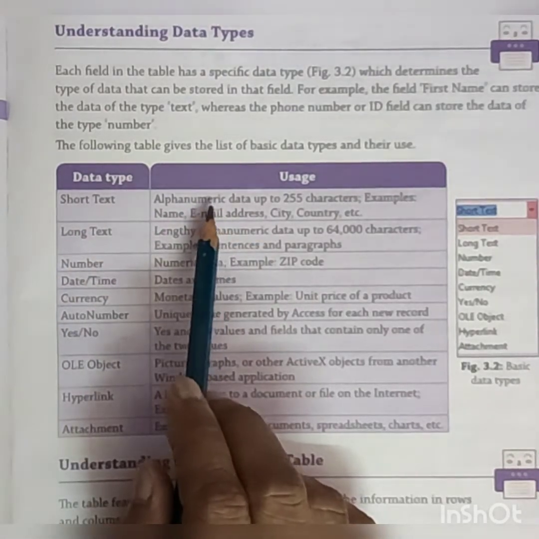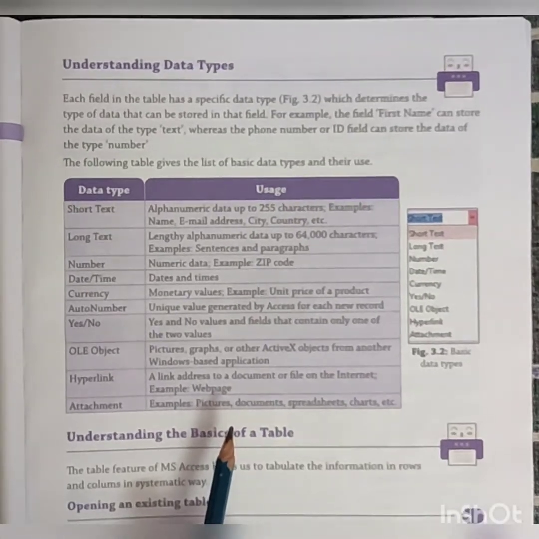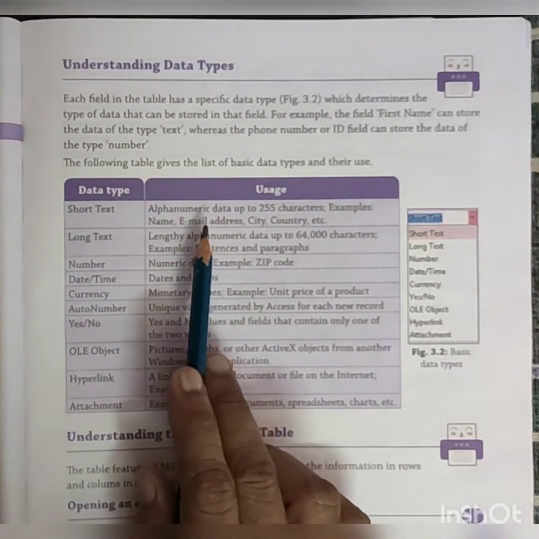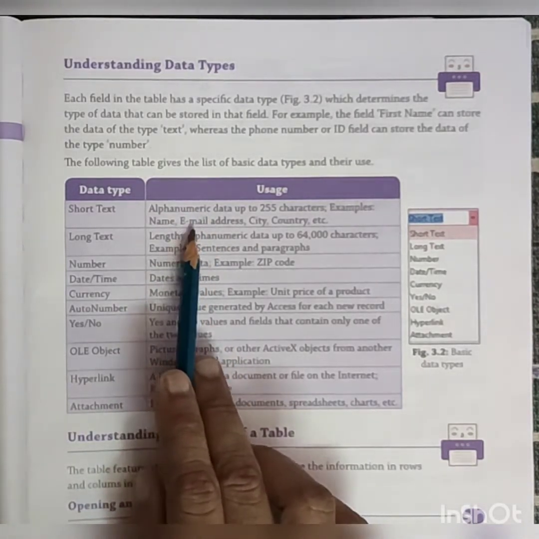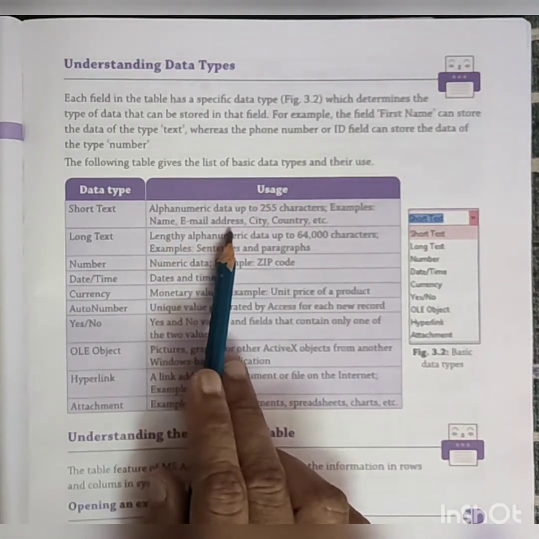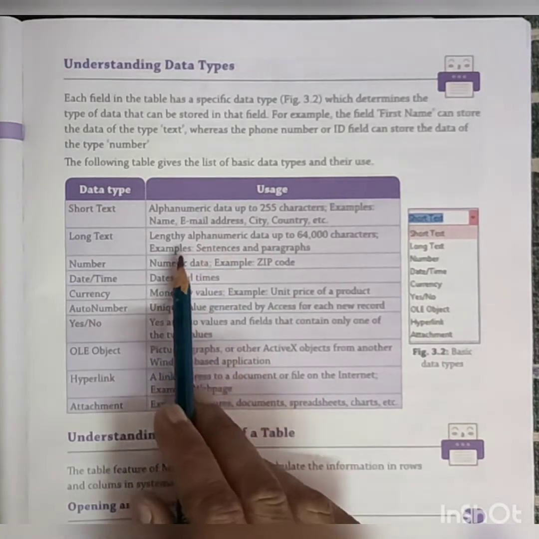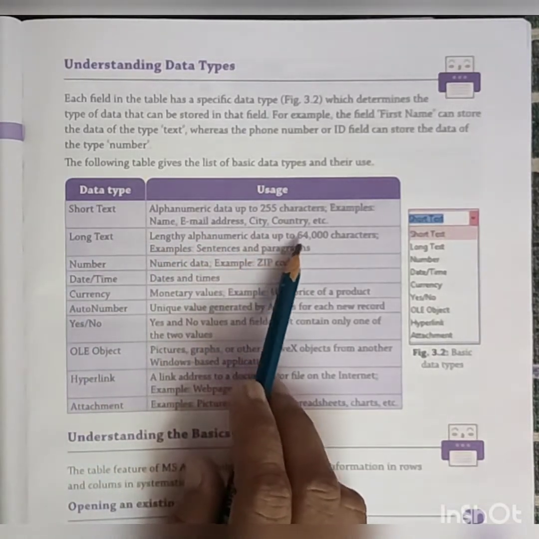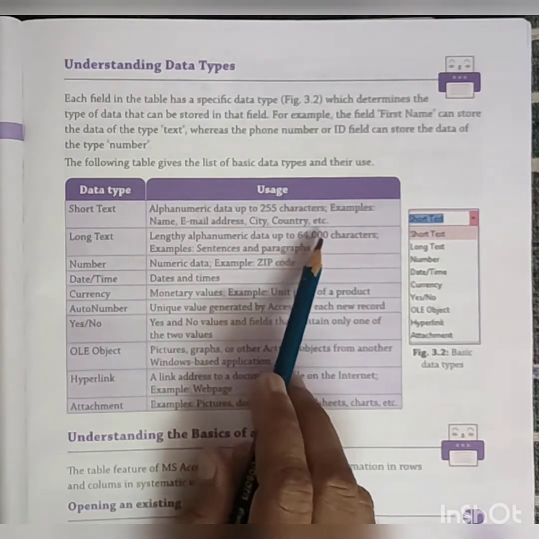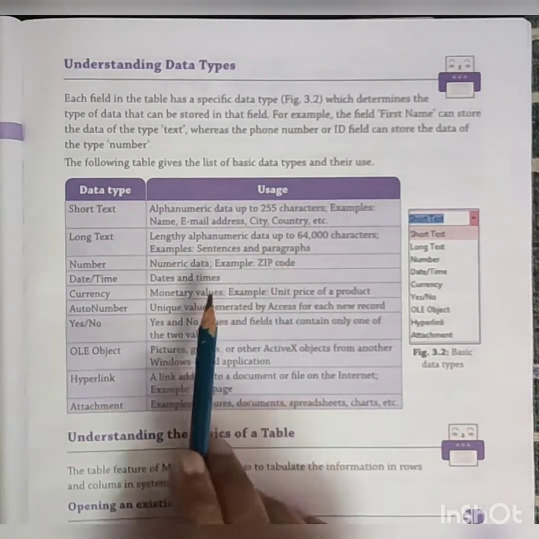Short text is an alphanumeric value, meaning it contains alphabets with numericals, for example name, email address, city, country, etc. So we are using alphabets as well as numericals, that is 0 to 9, A to Z. Long text is used if the alphanumeric value is a lengthy one, with characters up to 64,000. For example, a sentence, paragraph, etc.